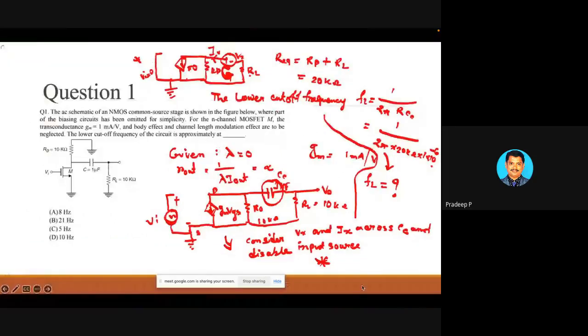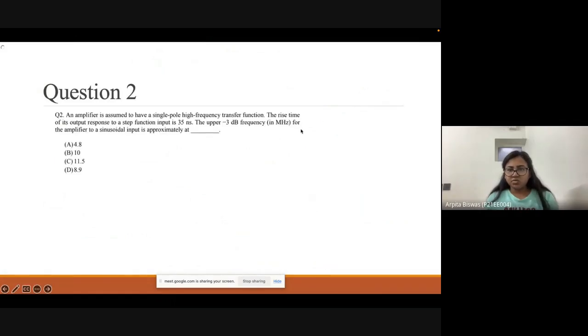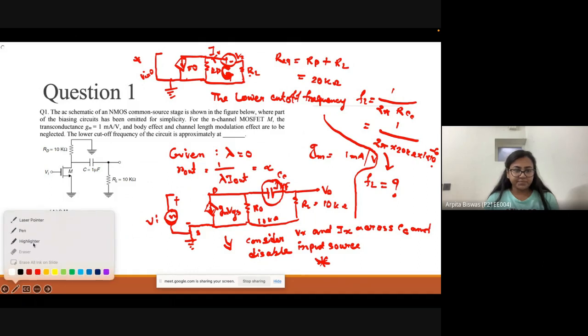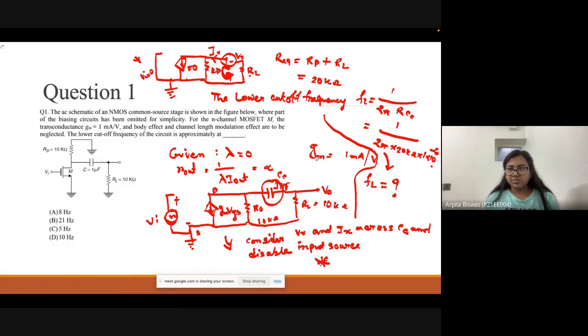Yes, ma'am. 8 hertz is the answer. Yes. So here we just have to find out the value of FL. We put down the value of FL equal to 1 by 2 pi RC.